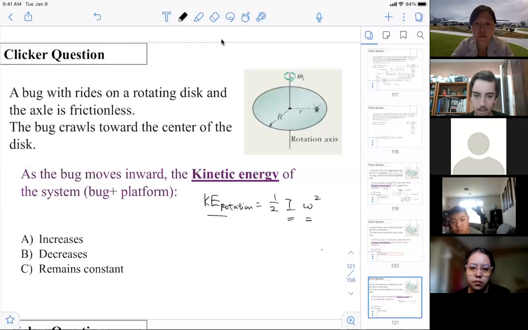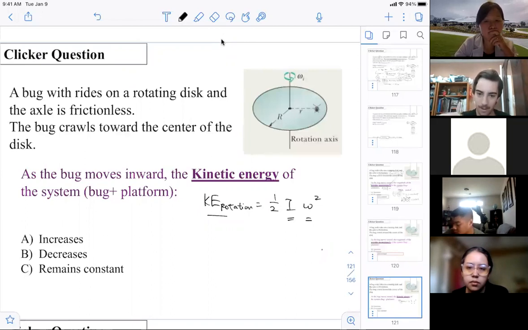The moment of inertia is getting smaller, so angular velocity is increasing, but it's also the component that's squared. So they both should proportionally change by the same amount, but the one that's bigger is getting squared. So that's why I think that overall both the rotational and translational energy once the bug starts moving should be greater. So overall it should be greater.